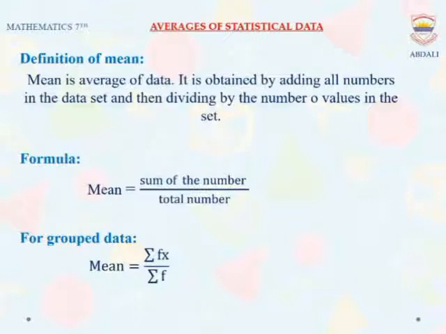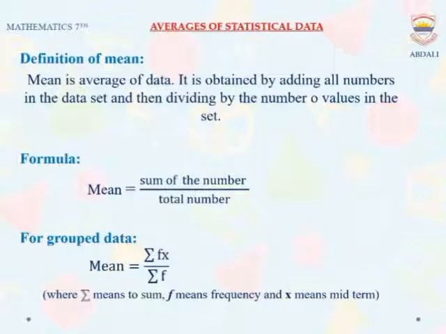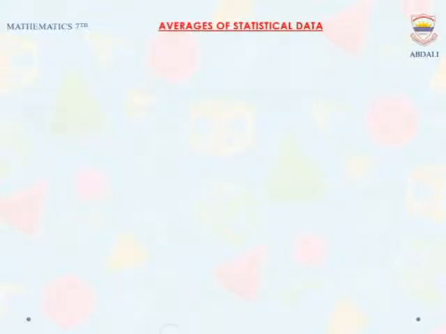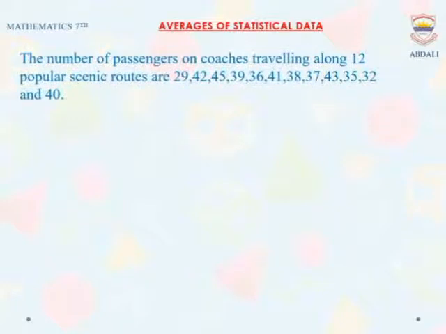Here f means frequencies, and x means midpoints of our intervals. So let's start solving the questions.